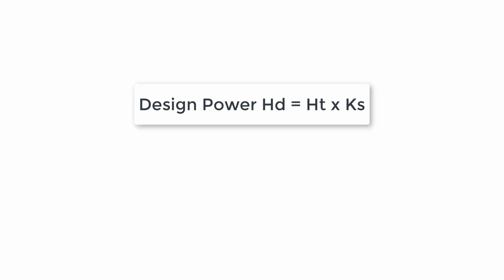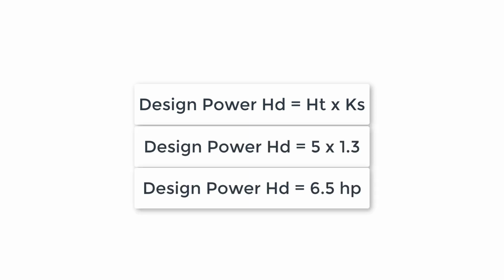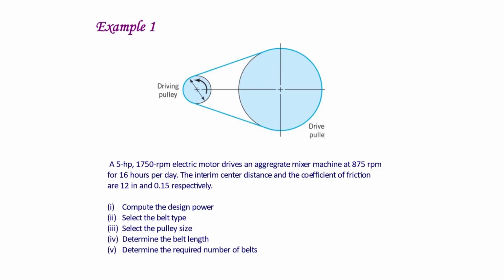Our design power HD is equal to HT, the transmitted power, which is 5 horsepower, times the service factor KS. So our design power HD is equal to 6.5 horsepower. After we have calculated our design power HD, our second step is to select the belt type.